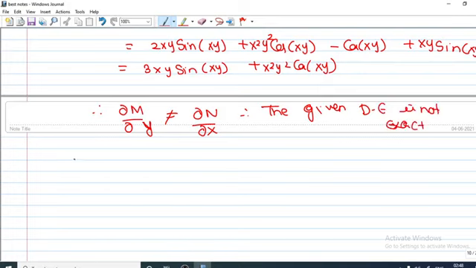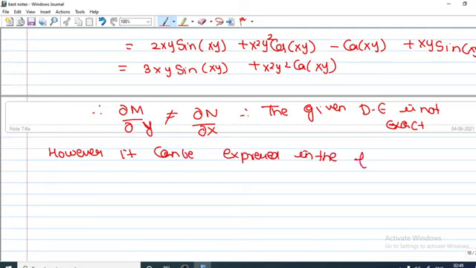After this, what our next job is? Our next job is that it can be expressed in the form, which form we are talking about, y f of xy dx plus x g of xy dy equal to 0 form.